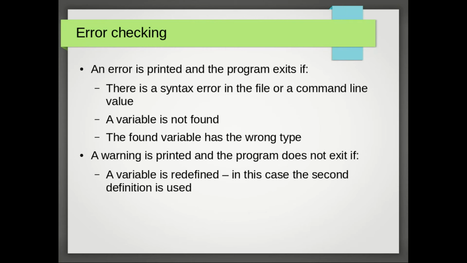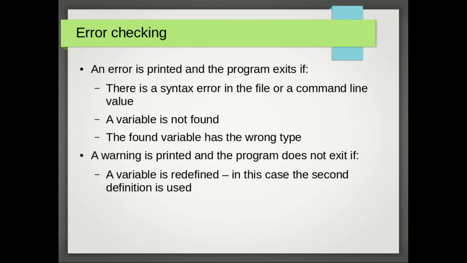Basically it prints an error message and exits the program if it finds a syntax error in the file, or when you type something in on the command line, or if you don't find a value that you requested in the program, it doesn't find that in the file. Or if it does find it and has the wrong type, it prints an error message and exits the program.